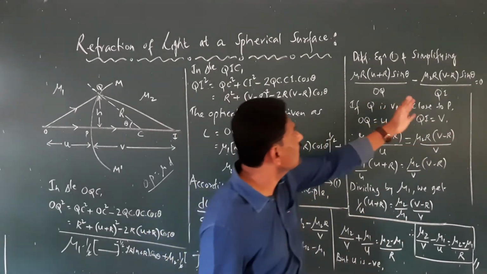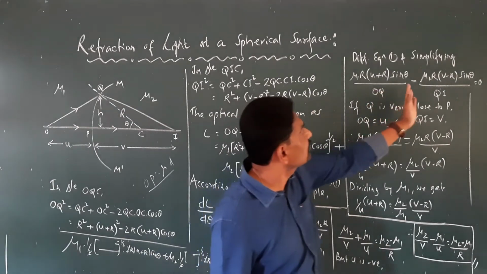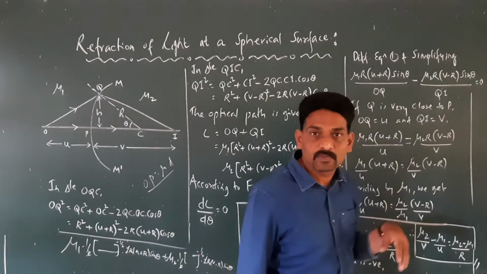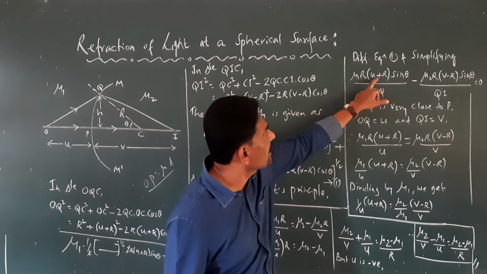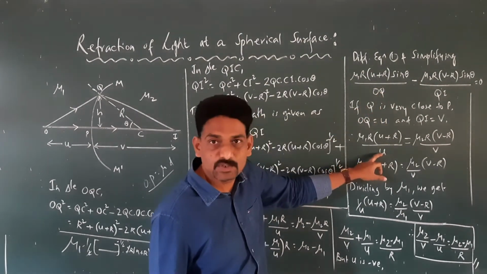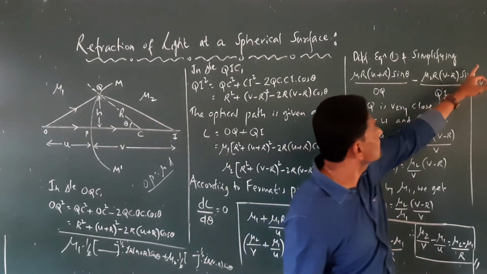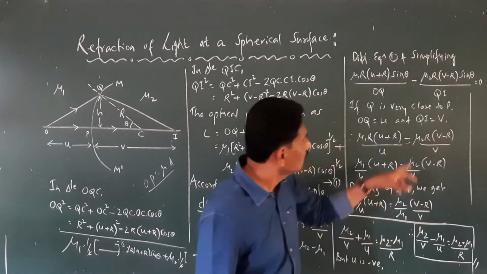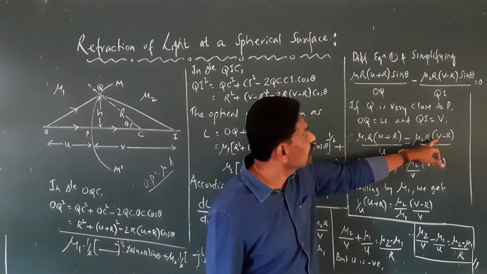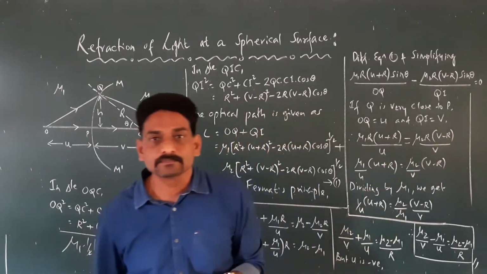Replacing the values and transferring to the other side, what we get is mu1 r into u plus r, divided by OQ, taken as u. This sin theta and this sin theta get cancelled with each other. This is transferred to the other side, equals mu2 r into v minus r, divided by v.